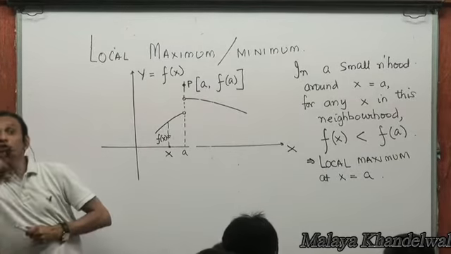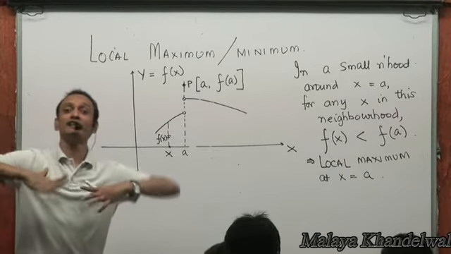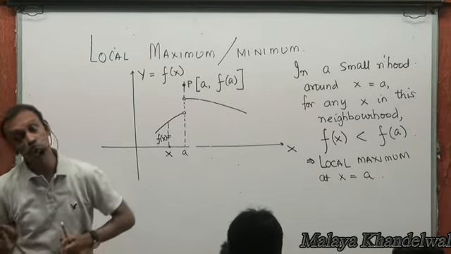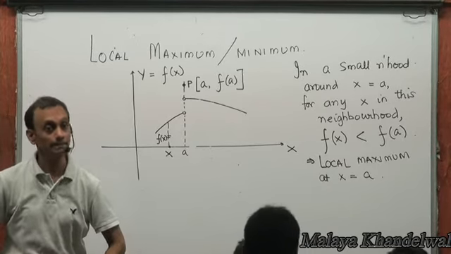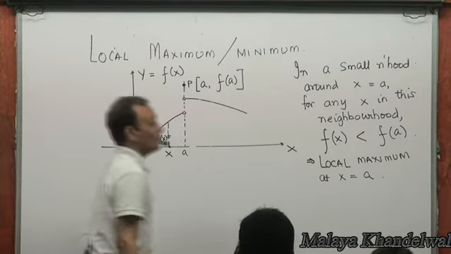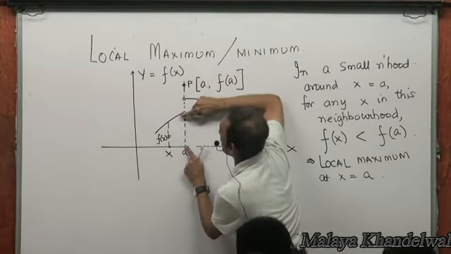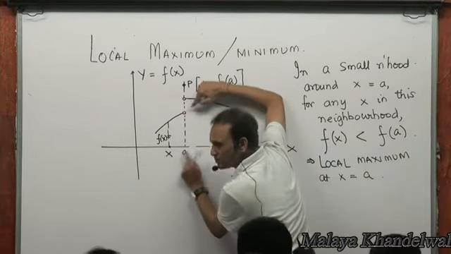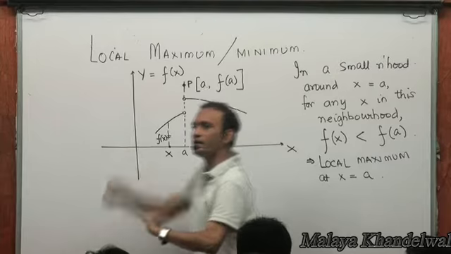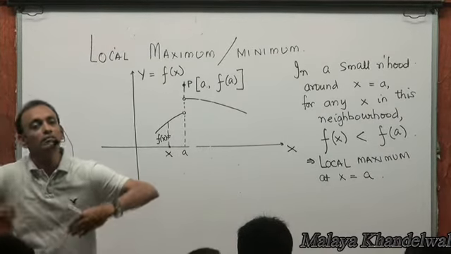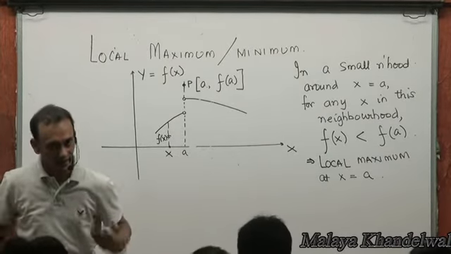That means compared to its neighborhood on either side of a, it has the greatest value at a. So in this case, do you realize that f(a) is larger than all other f(x)'s that appear in the immediate proximity of x equal to a? The function therefore falls within the category of a local maximum at x equal to a, right?